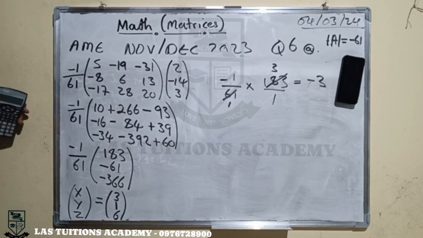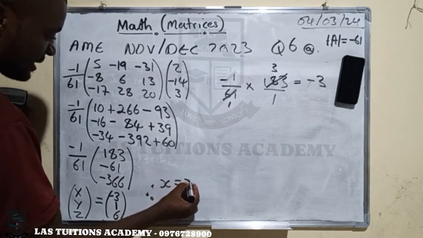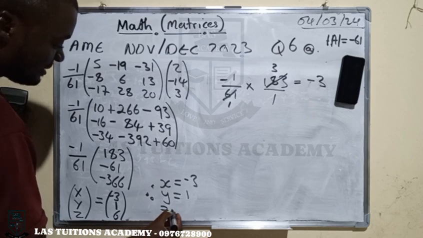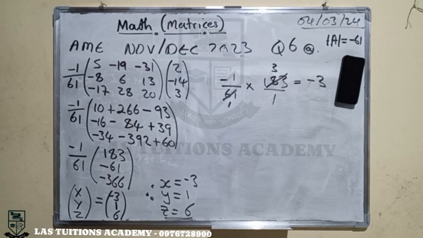Therefore, x is equal to negative 3, y is equal to 1, z is equal to 6. These are the values of x, y, z that we needed to provide.